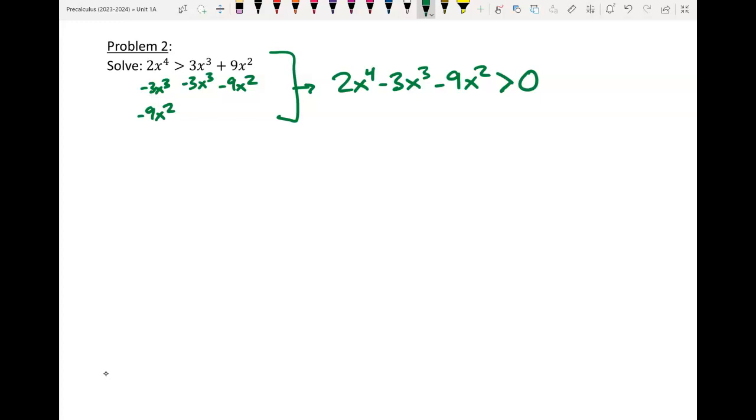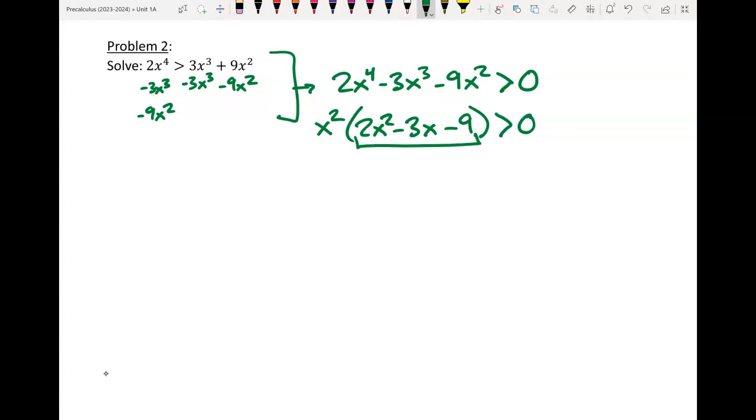All right, so this one is not factored for us, so we're going to need to factor. I see an x squared that is in common all the way through, so we're going to factor out my x squared. I do not have anything else that can factor, so I'm left with 2x squared minus 3x minus 9 greater than 0. So let's see if we can factor this quadratic.